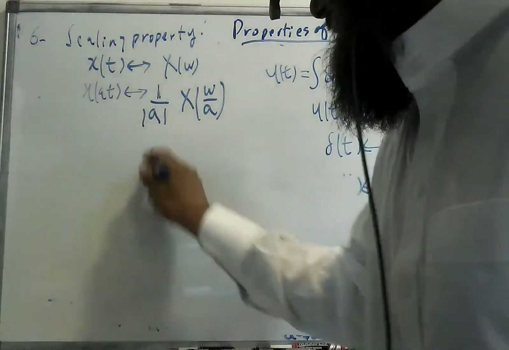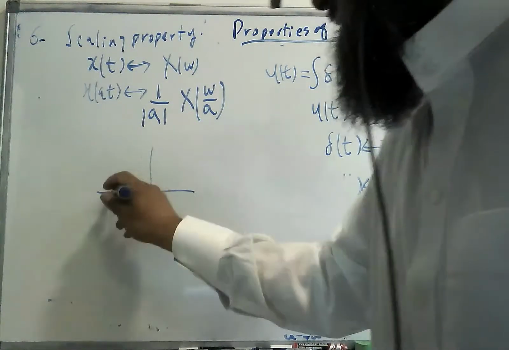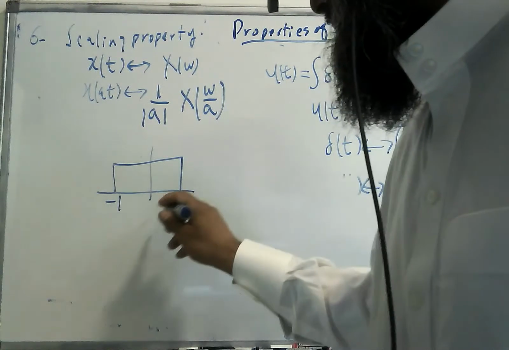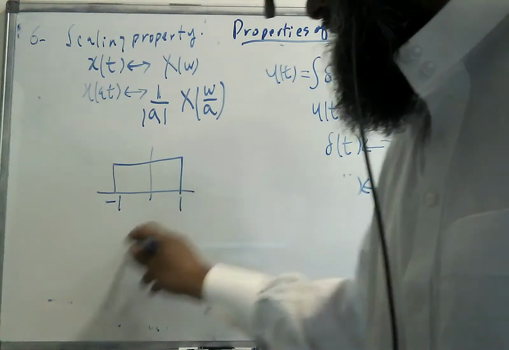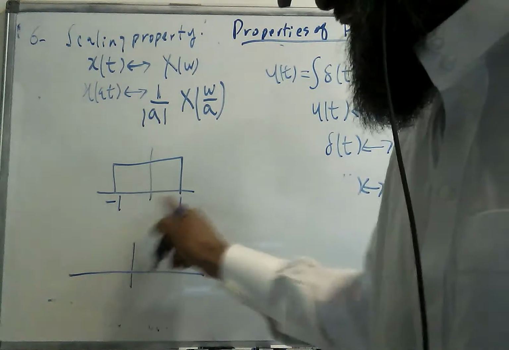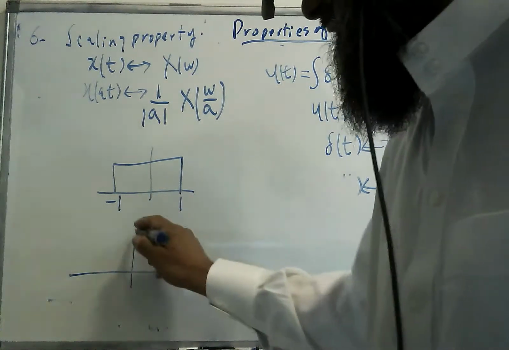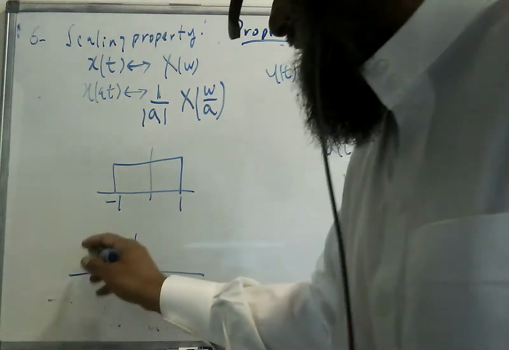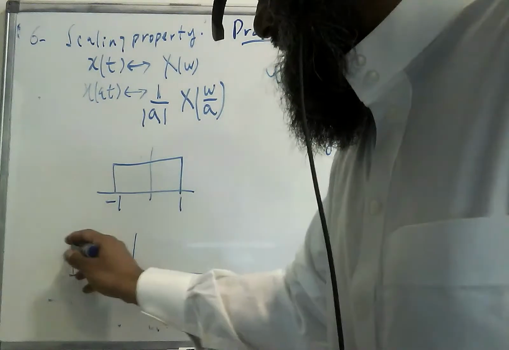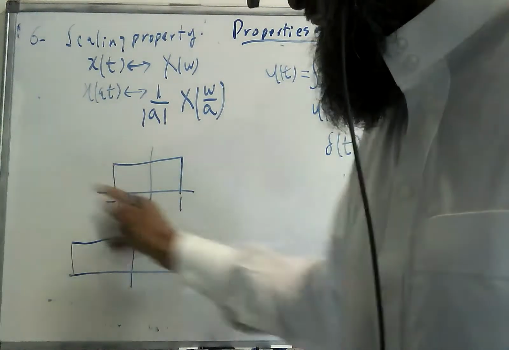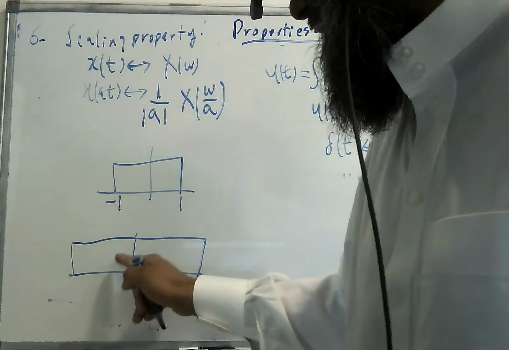So I have two cases. I have from -1 to 1. In the lecture it's not numbers, it is a variable, but let us just stick to numbers to make it simpler. So this is my x of t.